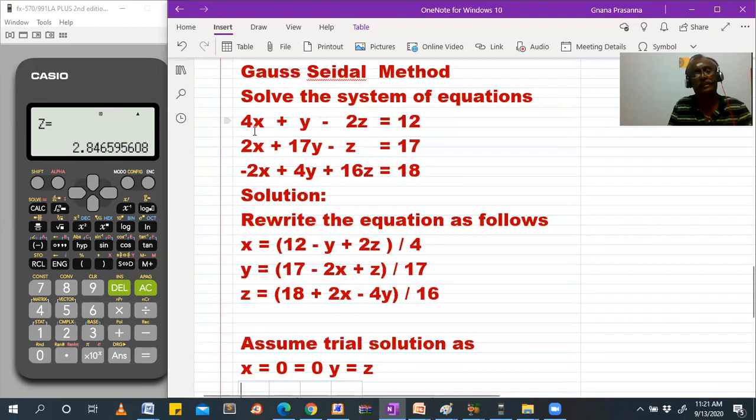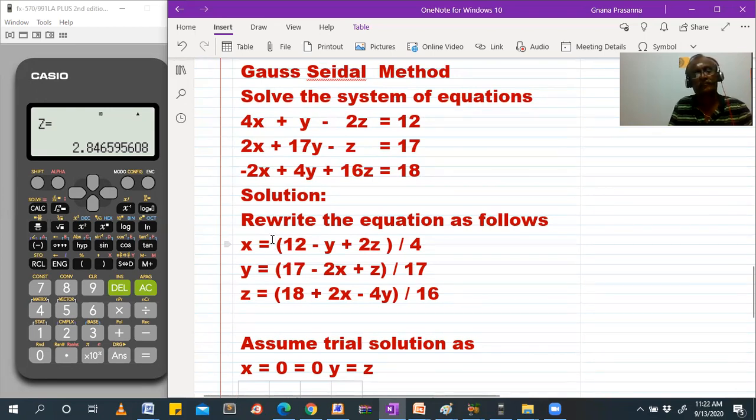The system is diagonally dominant because in the first equation the coefficient of x is 4, which is large; in the second equation the coefficient of y is 17, which is large; in the third equation the coefficient of z is 16, which is large. So we take the equations as they are.